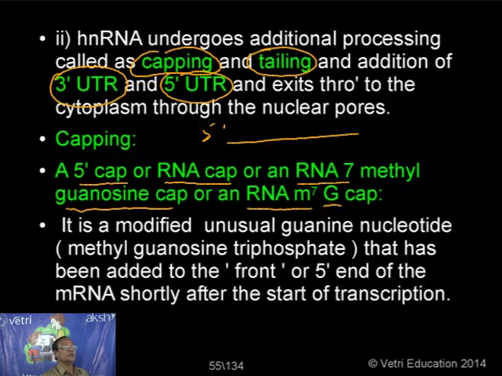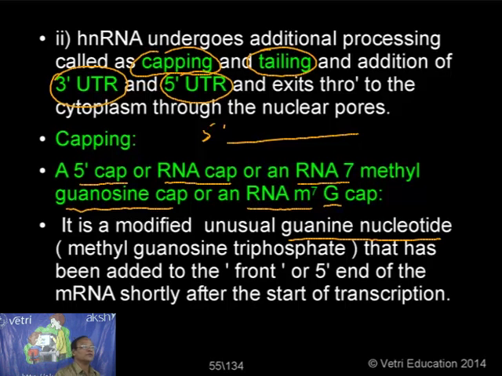We can say it is a newly formed mRNA strand, as soon as the process of transcription starts. So what is that cap? It is a modified, unusual guanine nucleotide, methylguanosine triphosphate.